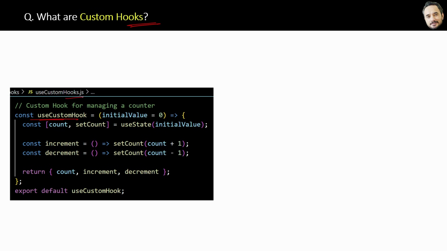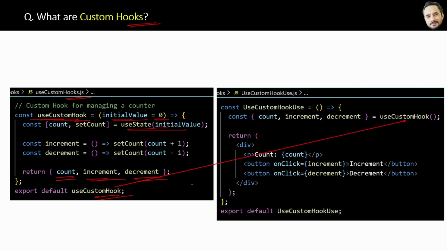For example, this is a custom hook for managing a counter. It accepts one initial value parameter, whose default value is 0, and this hook is basically just returning three things. Then you can use this hook in any component of your application. That is how the custom hook can be created and used.